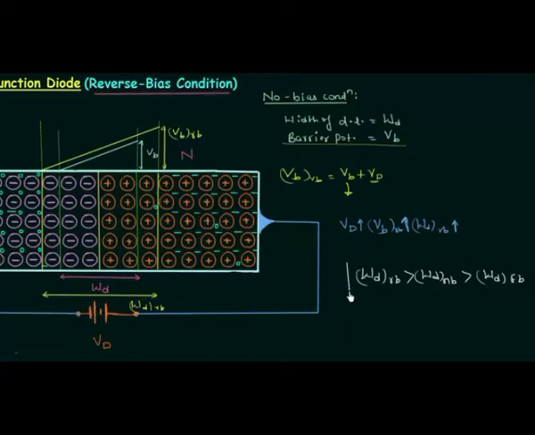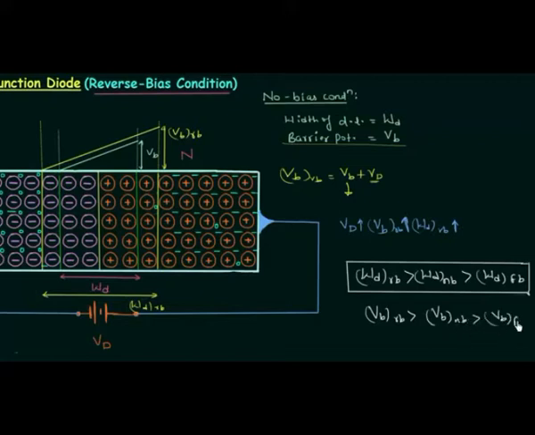So this is important, and we will do the same thing for the barrier potential. If we compare the barrier potential for the three cases, then the barrier potential for reverse bias condition is maximum. Then we have barrier potential for no bias condition, and the barrier potential for forward bias condition is minimum. So these are the two points that you must remember in PN junction diodes.